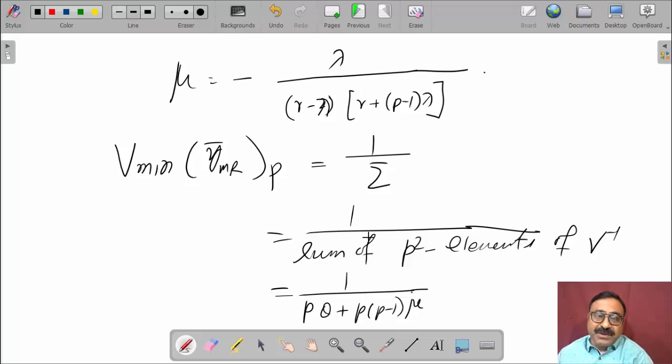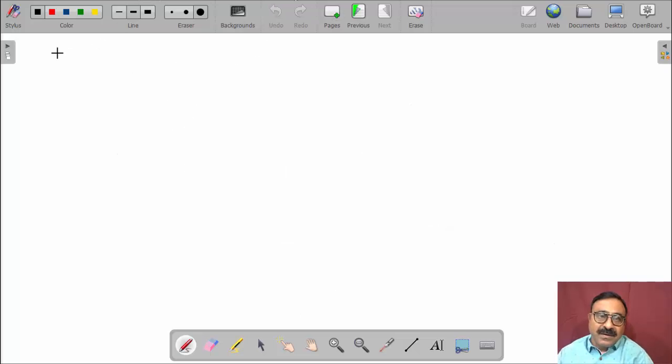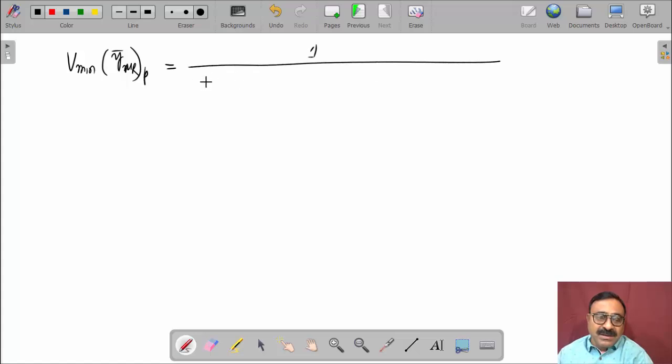So using values of theta and mu, we get the minimum variance of the multivariate ratio estimator using p auxiliary variable, that will be equal to 1 divided by p into theta.